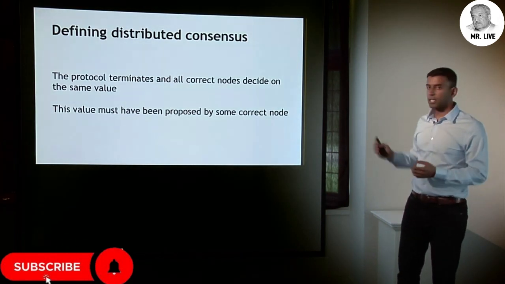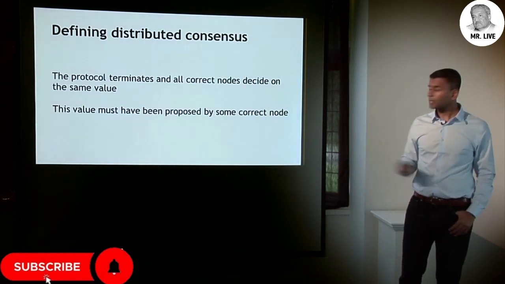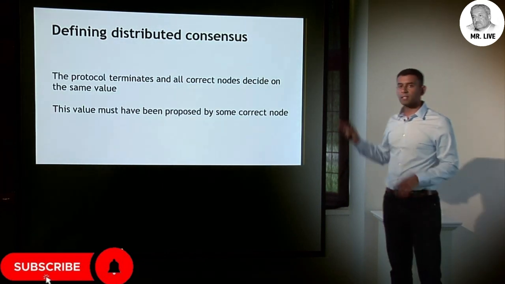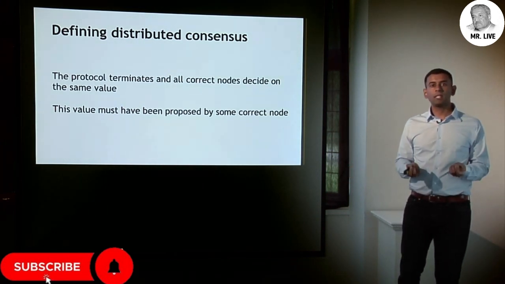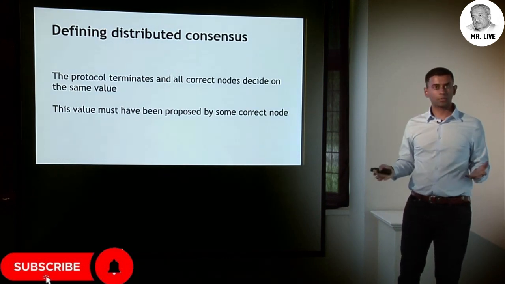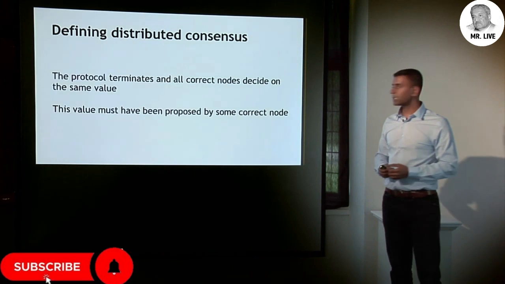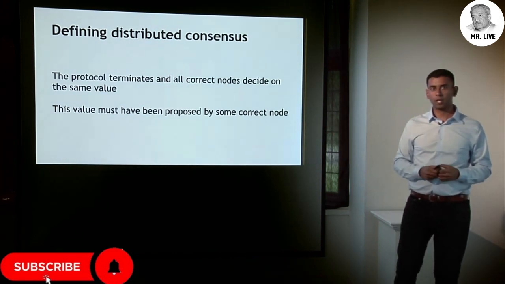I say correct nodes because some of the nodes might be faulty or even outright malicious. The second requirement is that this value they agree upon cannot be an arbitrary value, but it should be a value that was proposed as input by at least one of these correct nodes. So it's really that simple, but let's try to see what this might mean in the context of Bitcoin.